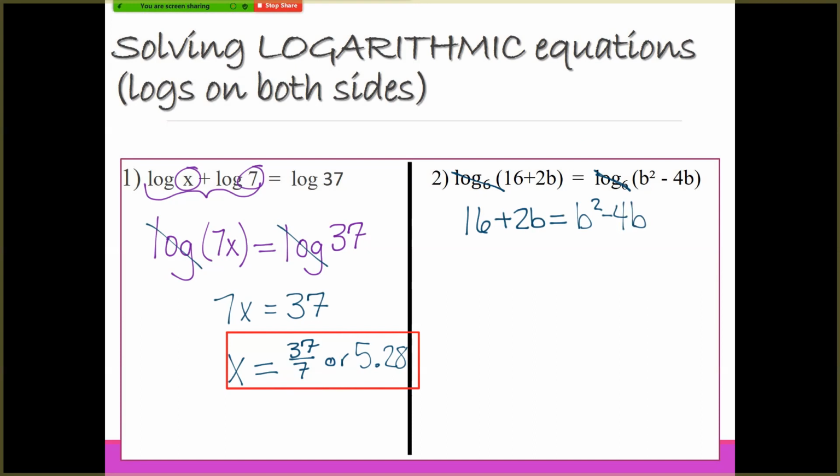First thing I notice about that, I have something squared. Anytime we have something squared, we're more than likely going to have to factor it. In this case, we're going to move everything to the right side and use our asterisks. So I'm going to subtract 16 and subtract 2b from both sides.